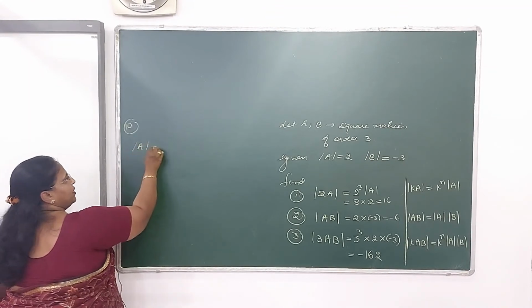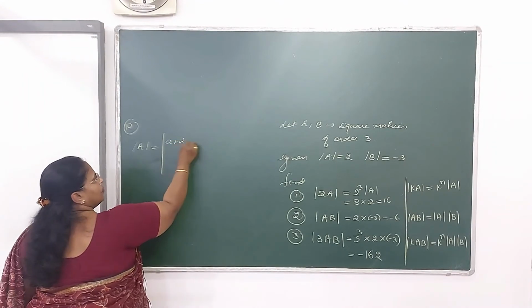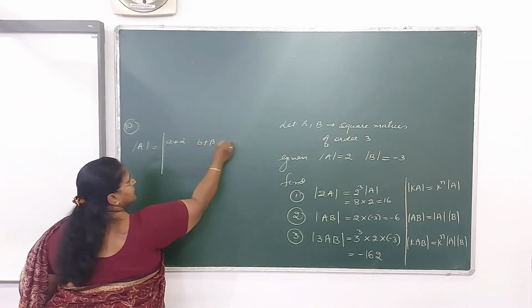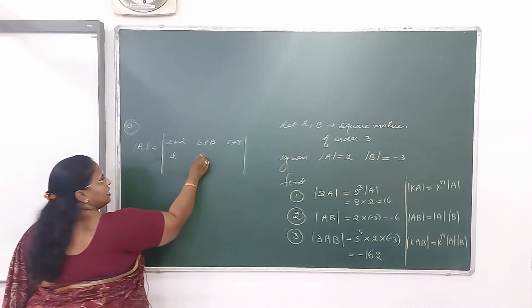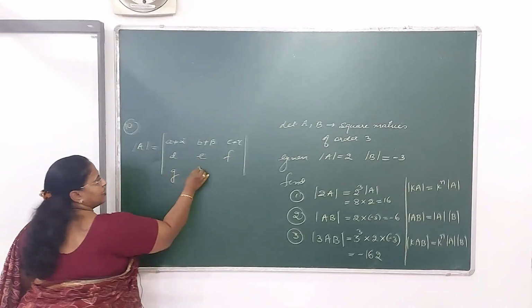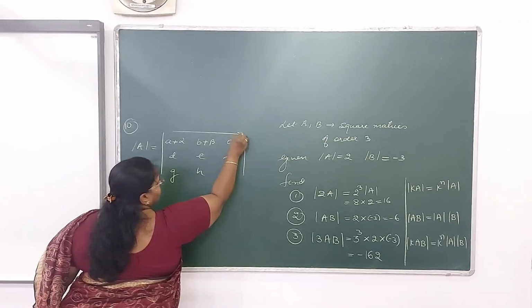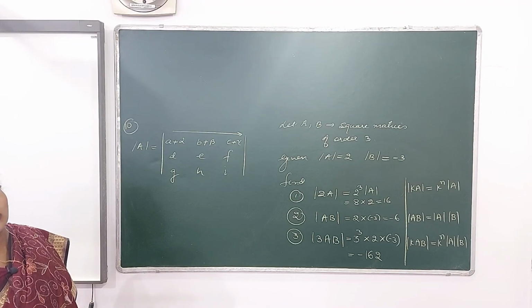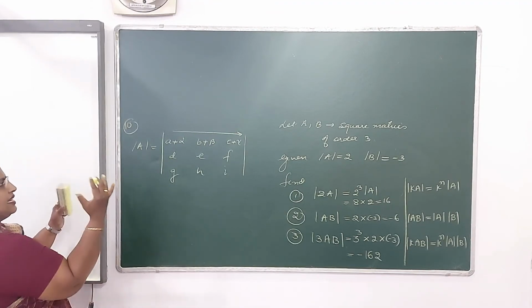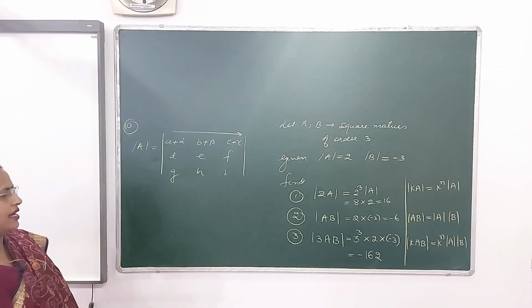So let determinant of A be a plus alpha, b plus beta, c plus gamma; d, e, f; g, h, i. Now see the first row. The first row element is expressed as a sum of two terms. Now this entire determinant you can express as a sum of two determinants.